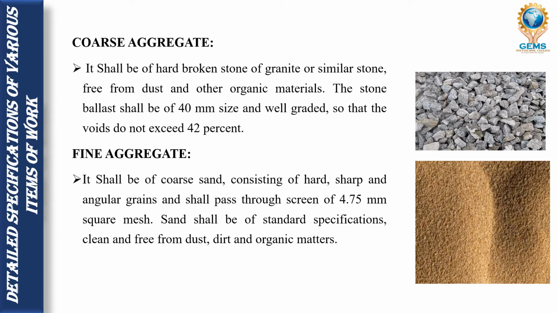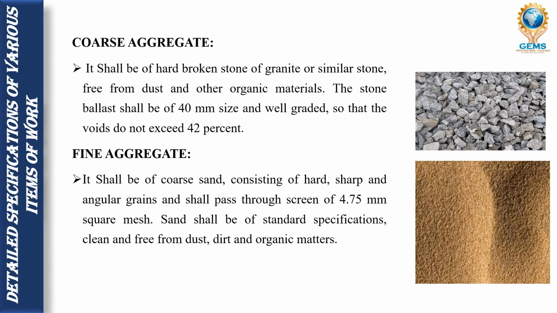Then fine aggregate. Fine aggregate shall be of coarse sand consisting of hard, sharp and angular grains and shall pass through the screen of 4.75. You have already learned about sieve analysis, right? For a fine aggregate we have a 4.75 square mesh.